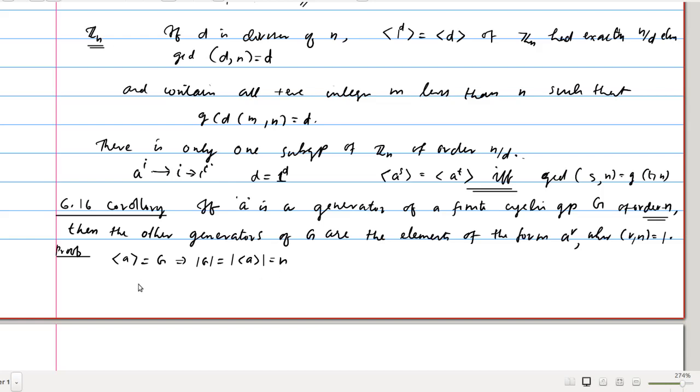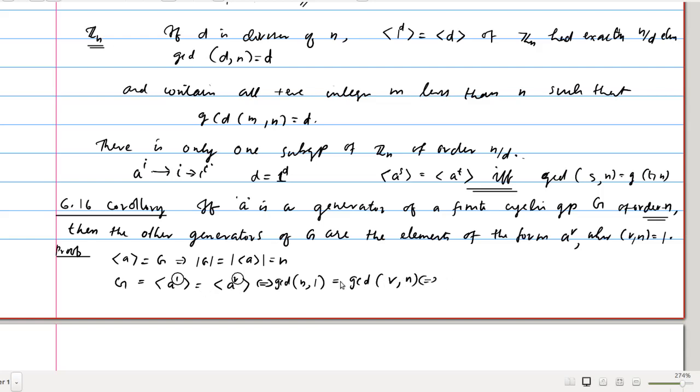Every element of G takes the form A raised to some R. In order to get it as a generator, the cyclic subgroup generated by A raised to R must be the same as G. This happens if and only if GCD of N comma 1 is equal to GCD of R comma N. Here, instead of S we have 1, and instead of T we have R. Whenever this happens, the two subgroups are the same.